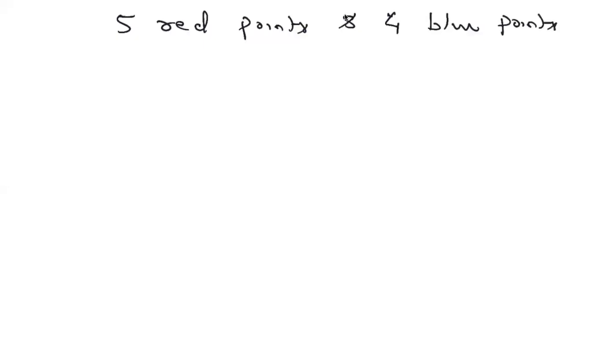Okay, next. But I'm changing the question this time, right? Careful. 5 red points and 4 blue points are on a circle.